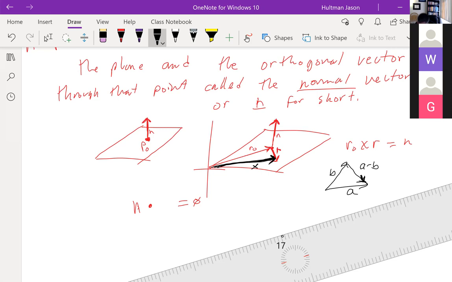And so here's the arrangement we have here. R is equal to X minus R naught. I'm pretty sure that's correct. Except for whatever reason, it doesn't look right. Let me think about this for a second.